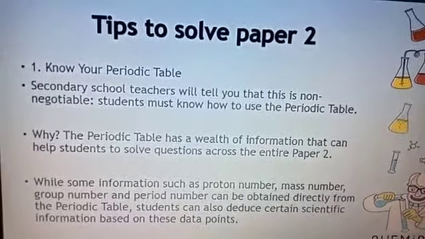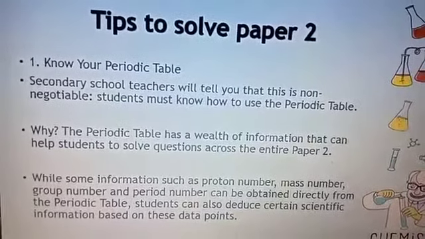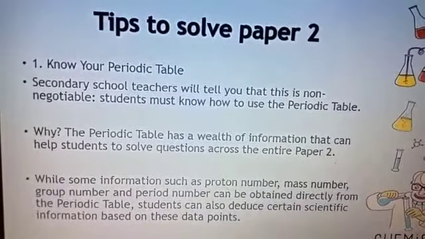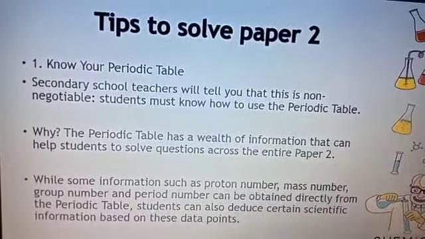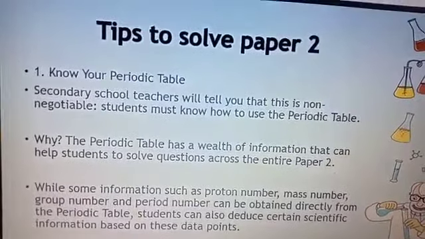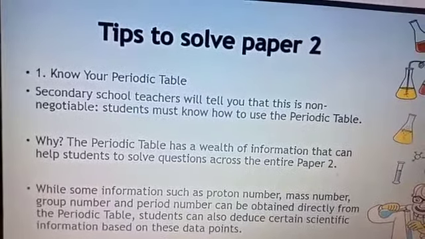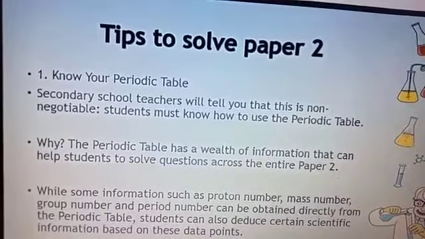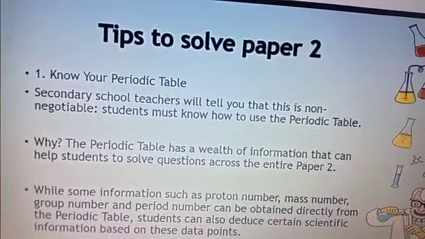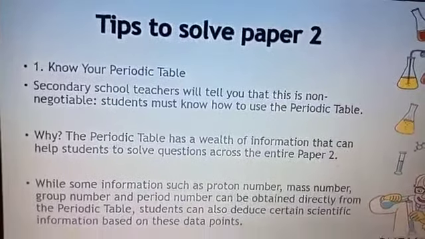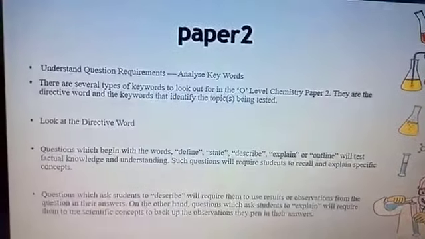Like you can have proton numbers, mass number, group number, period number from the periodic table, and these could be used in solving many questions like of bonding, of finding MRs, of finding moles. So that is very important that you should know how to use your periodic table.